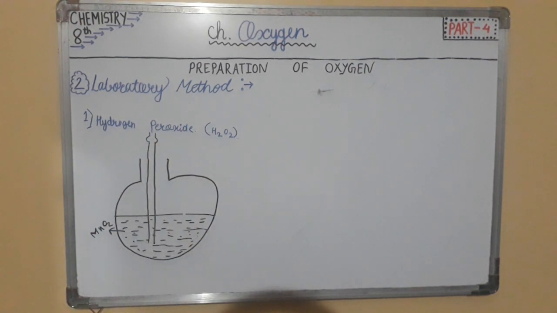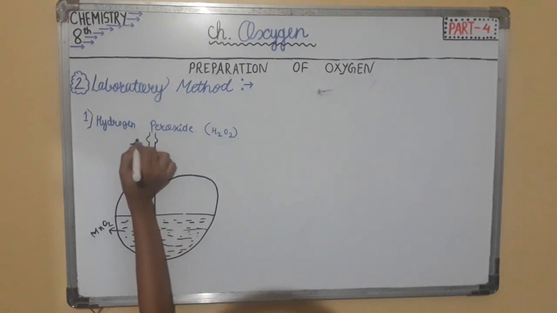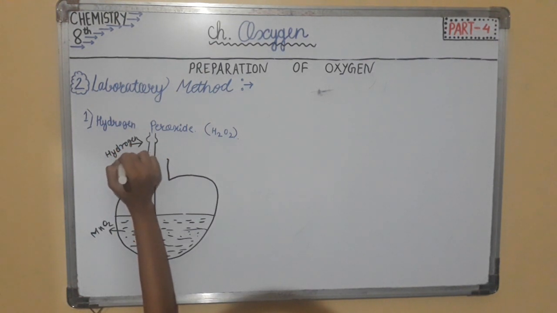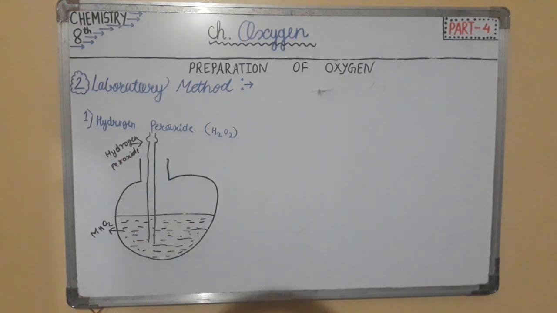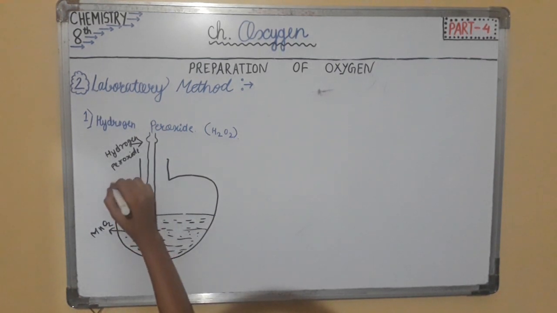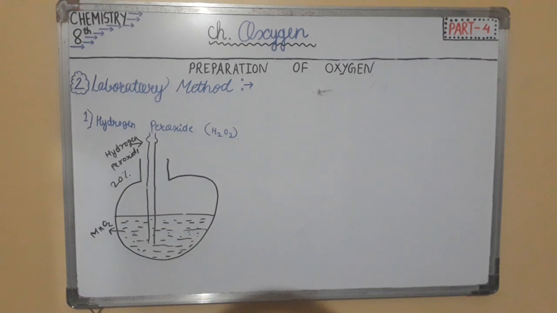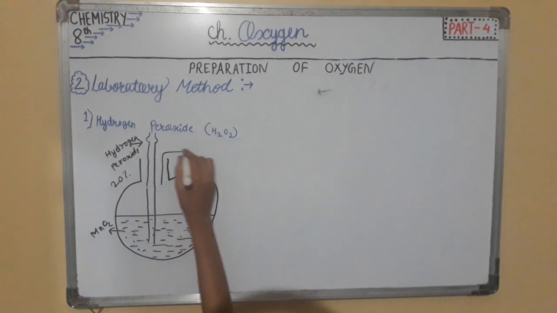In that, hydrogen peroxide is filled. That is 20%. The tube is connected.